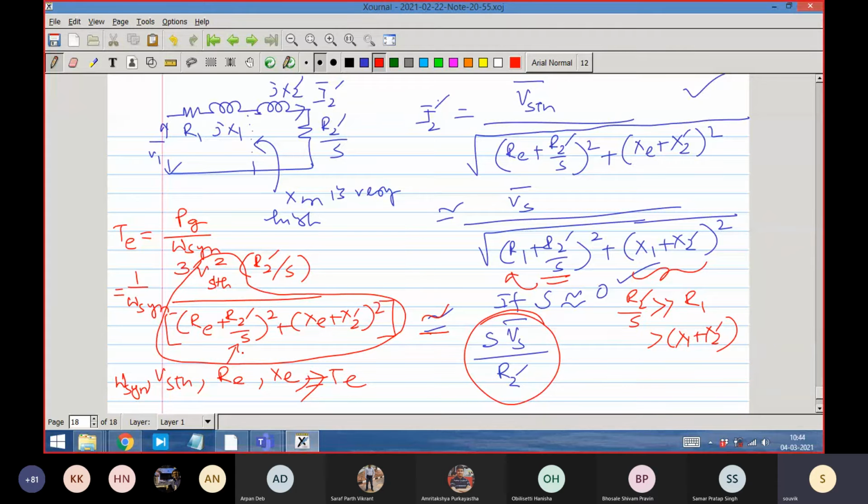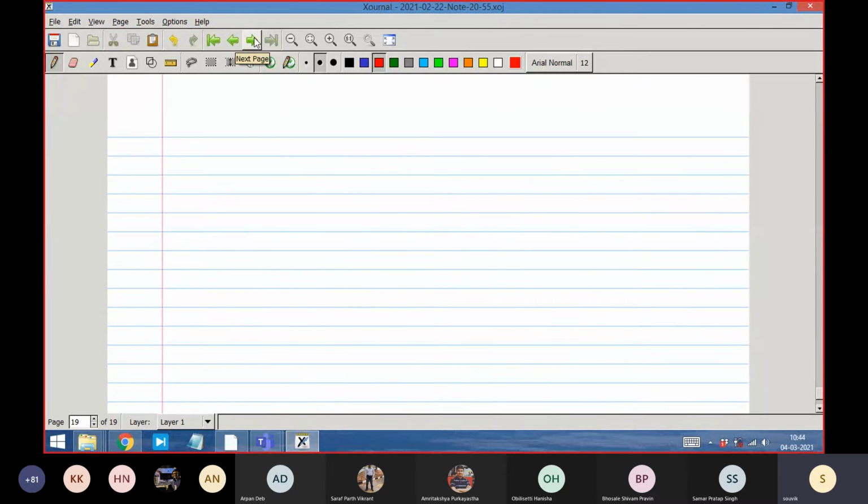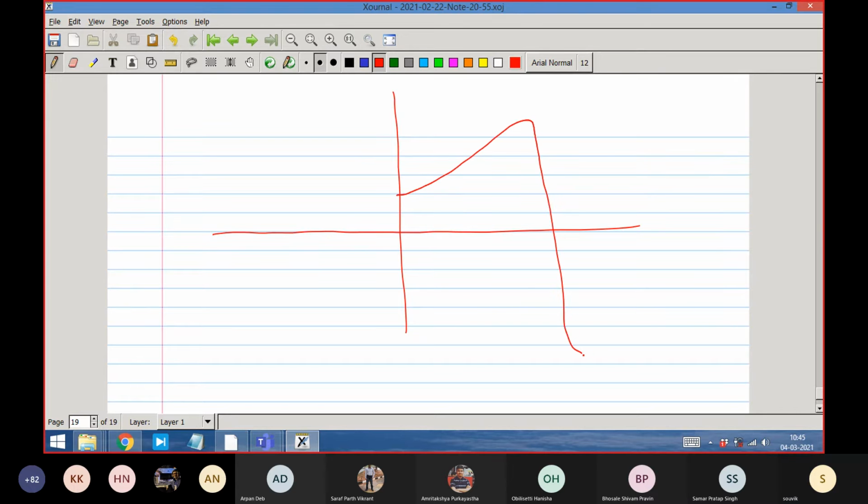So let us plot this one more time. This nonlinear function of the slip, how does it look like? It looks like this. Right.